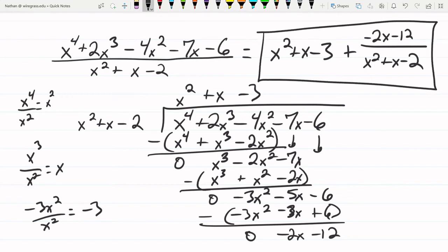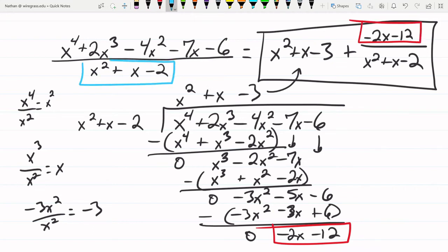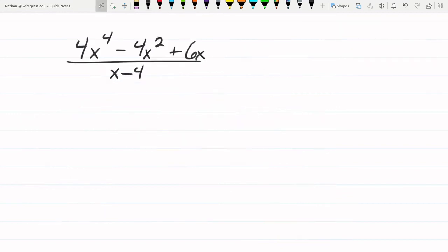You have the polynomial that's being divided evenly. That's what goes in this first spot. And then the red box goes up there. And the blue, which is the divisor, just goes in the denominator. You always do that. This tells you what's the whole part and what's the fractional part.